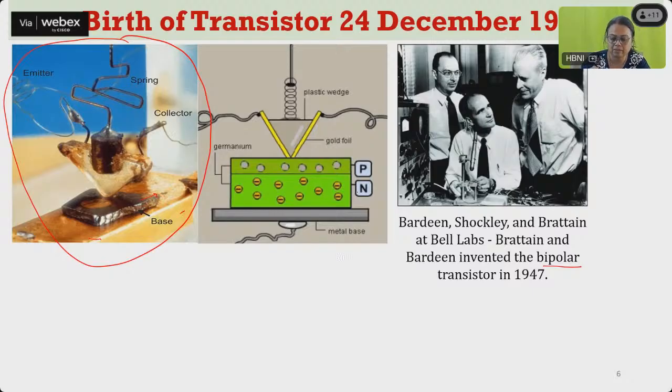So a metal base is there. Here you can see the germanium crystal, and then they have a gold foil on this, and the base contact is the copper plate, and through this the two contacts were taken.